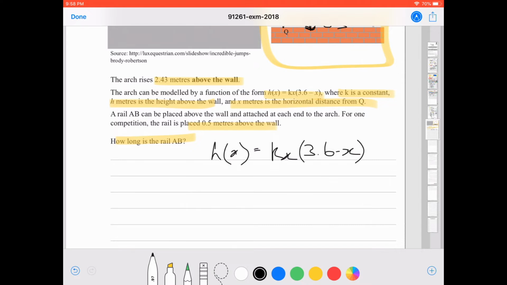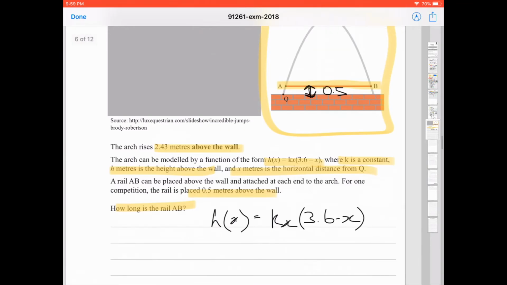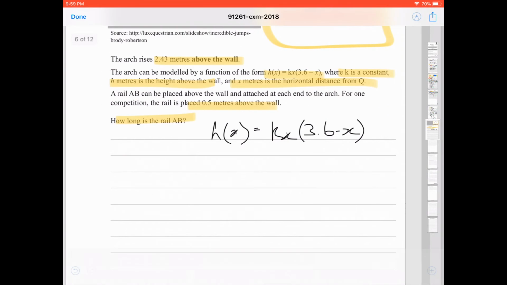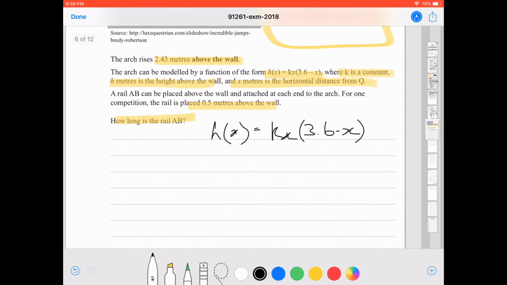Basically, this is a quadratic equation, and we know that because we're working with a parabola here, but it's in the form they call intercept form. It's not something I know a whole lot about, to be honest.